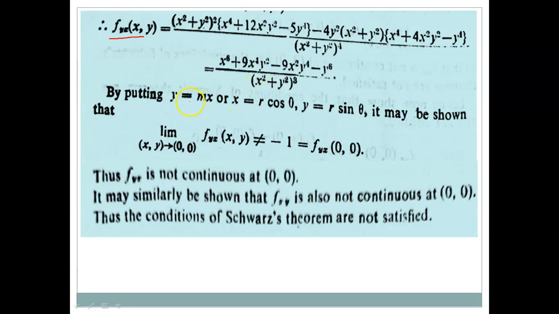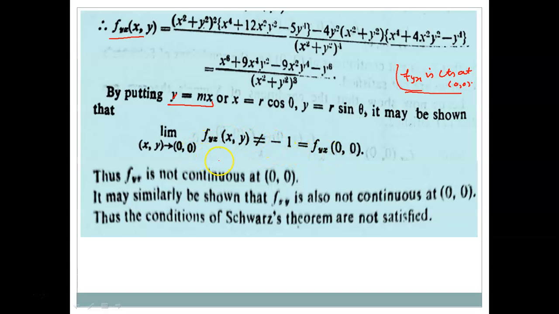For the condition of the Schwarz theorem, we have to prove that this fyx is continuous at the point (0,0). So for that, we have to find the limit of fyx(x,y). When we approach the origin along this path, definitely this will not be unique, but we have obtained that the value of fyx at (0,0) is -1.